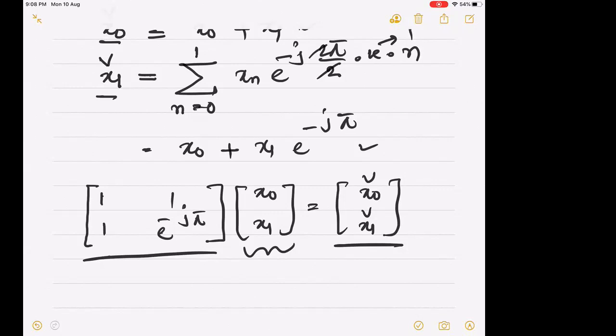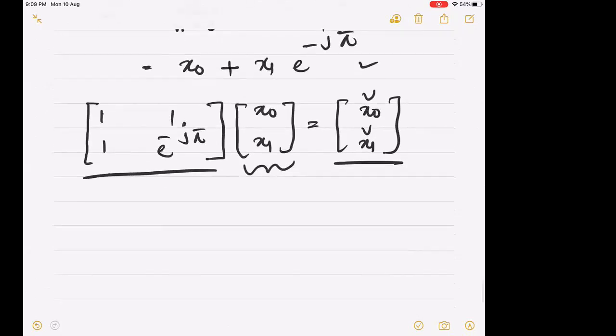In fact, we can go ahead and write what this e to the power minus j pi would be. What is e to the power minus j pi? This is equal to cos pi minus j sine pi. This is from Euler's formula.